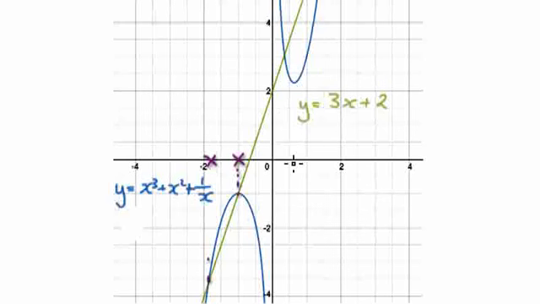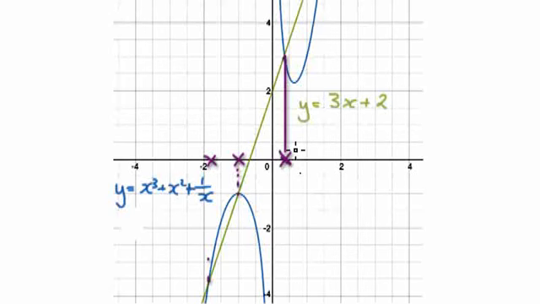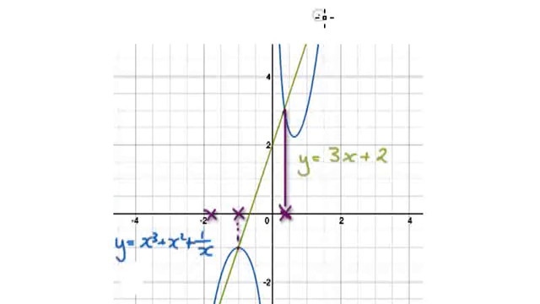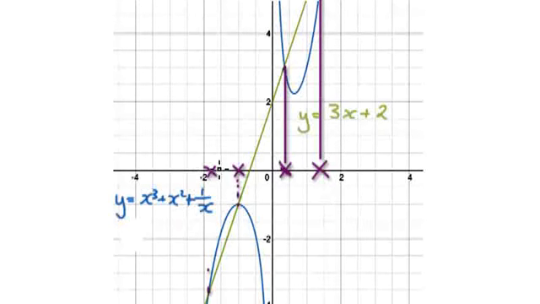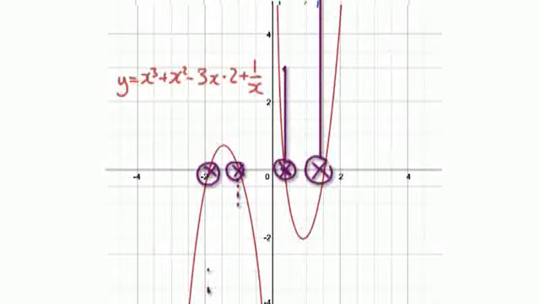Then the solution would be here, and there's another solution somewhere up here. I'm going to guess around here. So here's another solution, and it turns out that these 4 points are exactly the same, no matter if you look at this graph or at this one here.